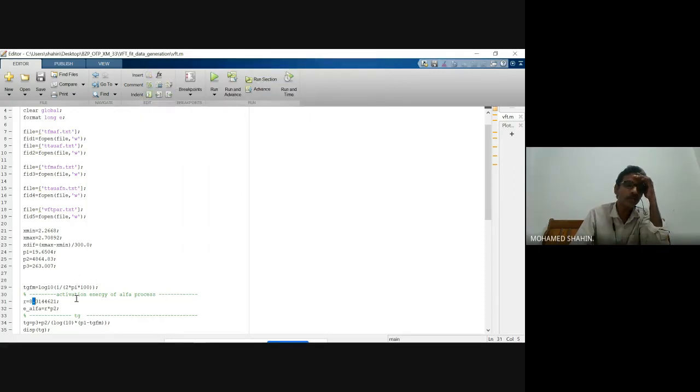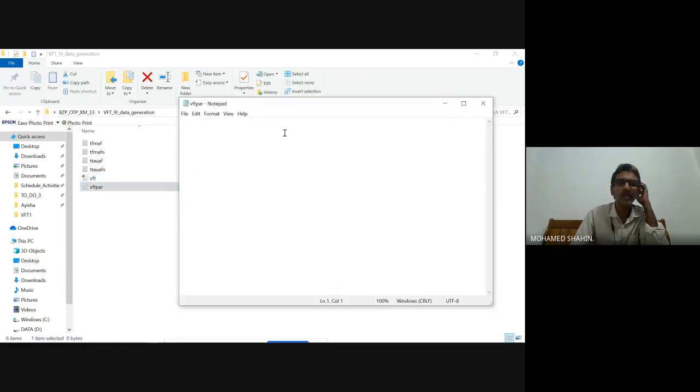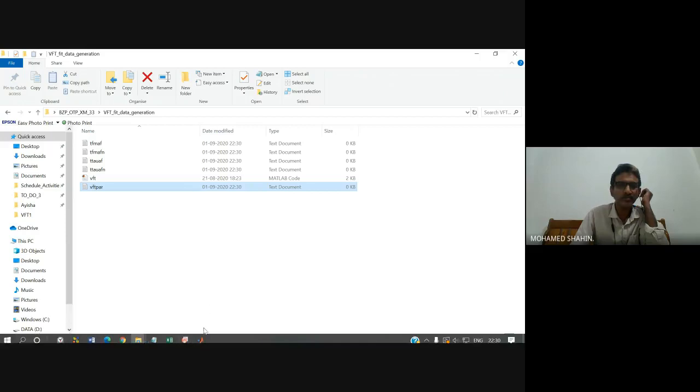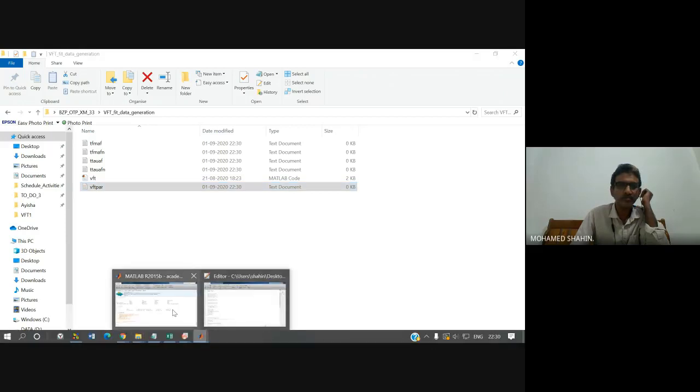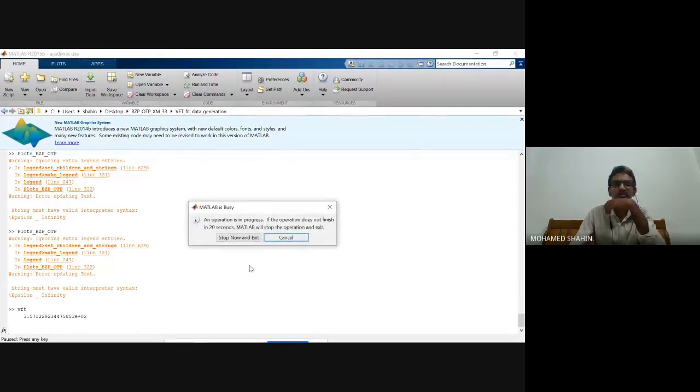Now here, if I run this program, change folder. If I run this program, I'll show you with this. TFM T tau. So it will tell us some parameters. I close this.